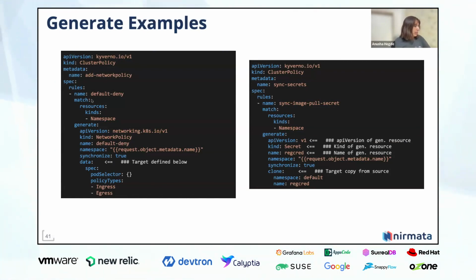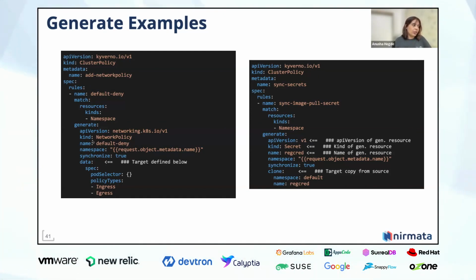This is a simple example. The policy language here itself is slightly outdated. If you look at any latest generate policy, the syntax is going to be slightly different. So here it says add a network policy. We are matching on the resource kind Namespace. It means whenever a new request comes in for a namespace, you have to generate. So this is the keyword that we are going to use, generate. And what are we going to generate?